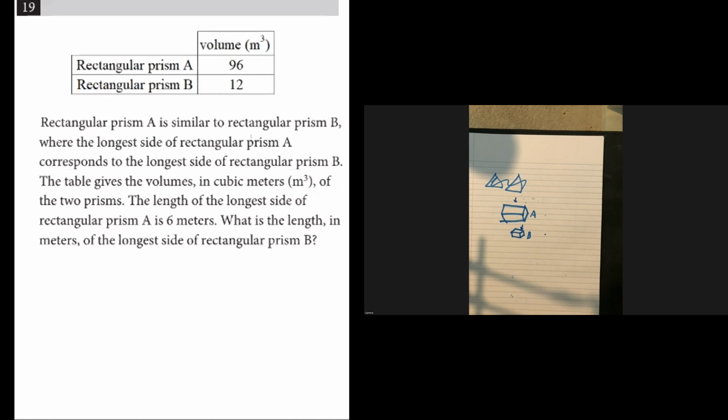And so it gives us the volume of the two in cubic meters. And it says the length of the longest side of prism A is 6 meters. So we know that this is 6. What is the length of the longest side of rectangular prism B?